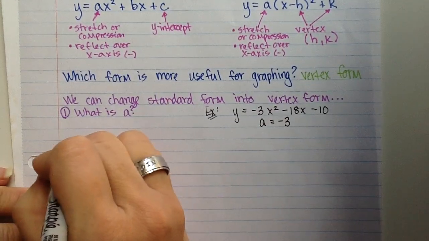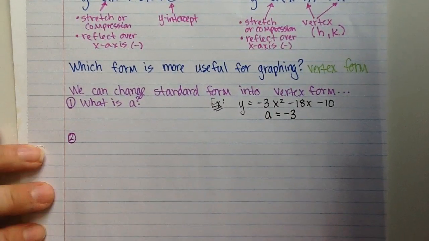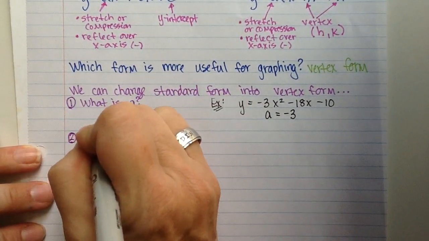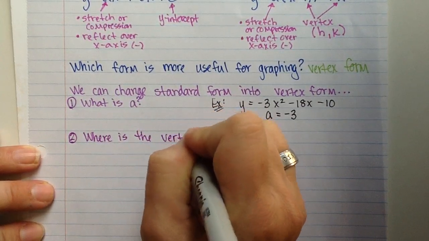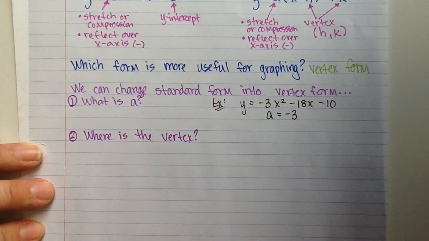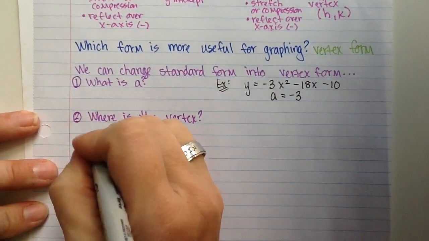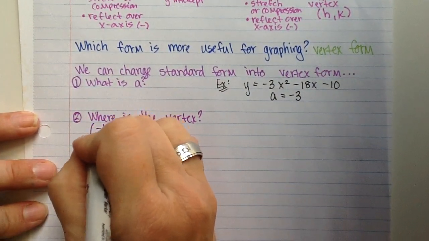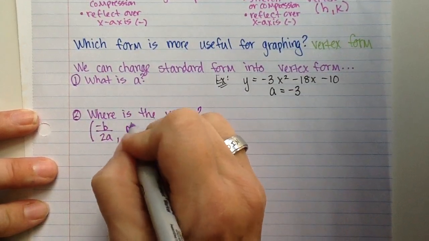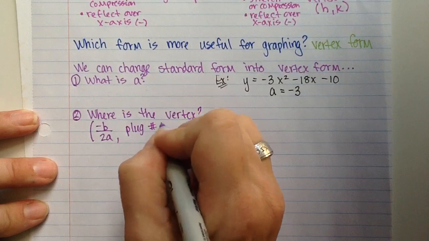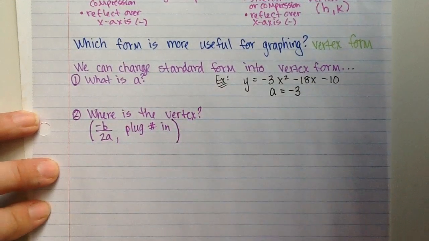Step 2. We need to know where is the vertex. And in order to know where the vertex is, we're going to have to do opposite b divided by 2a for the x-coordinate, and then plug that number in to get the y-coordinate.